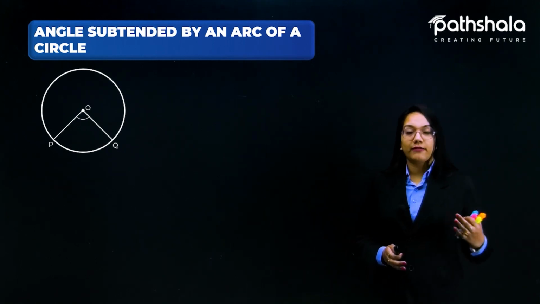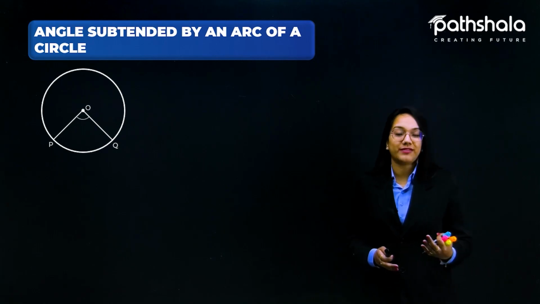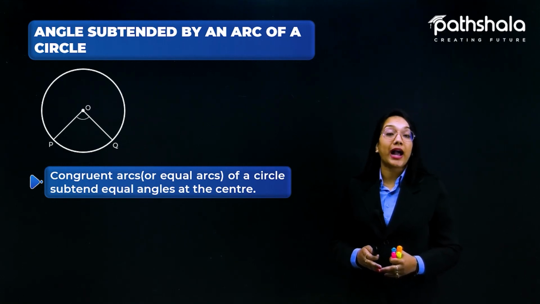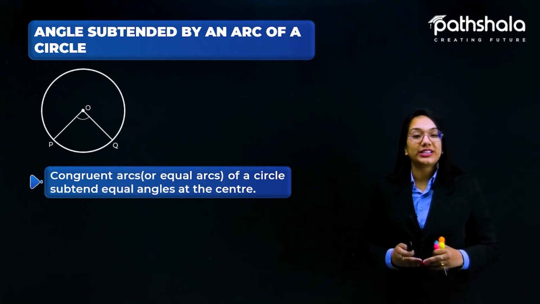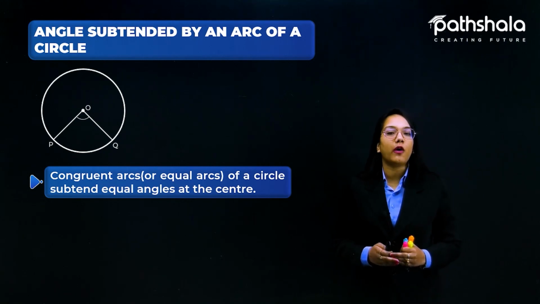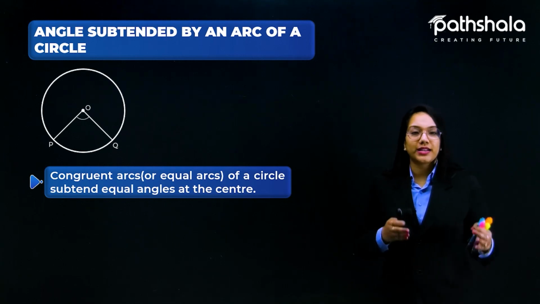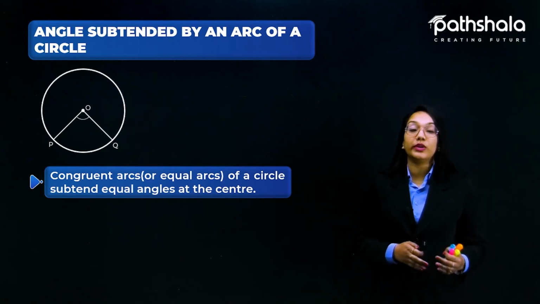So if we have two congruent arcs, what can we say about their angles? The congruent arcs or equal arcs of the circle subtend equal angles at the center. This is again a special result related to congruent arcs and the angles they form at the center of the circle, which are always equal to each other.